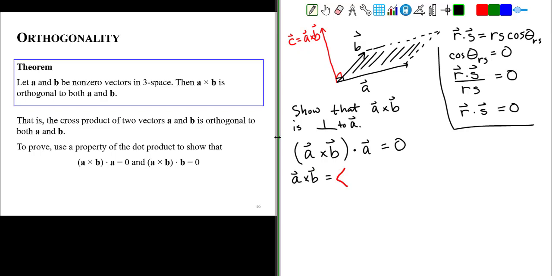The x component of that vector is based off of the product of the y component of vector A and the z component of vector B minus the z component of vector A and the y component of vector B. The y component is given by the z component of vector A and the x component of vector B minus the x component of vector A and the z component of vector B. And the z component is given as the x component of vector A times the y component of vector B minus the y component of vector A times the x component of vector B.